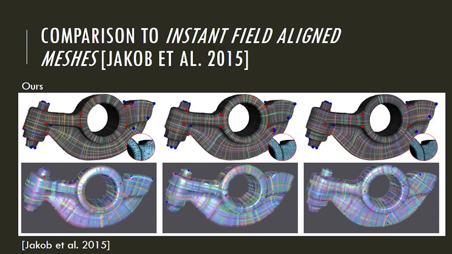Another method, the only other method that is able to create fields at interactive rates, is Instant Field-Aligned Meshes by Wenzel Jakob and others from 2015. Let me clarify that this method is also able to produce meshes, like quad meshes, at interactive rates, which is absolutely incredible, I think.